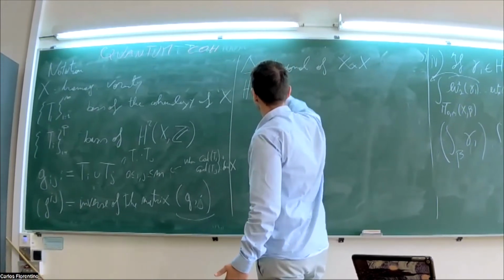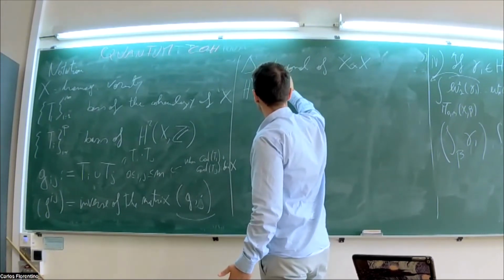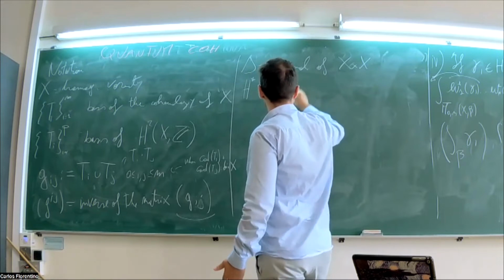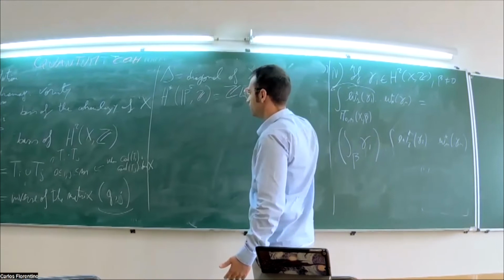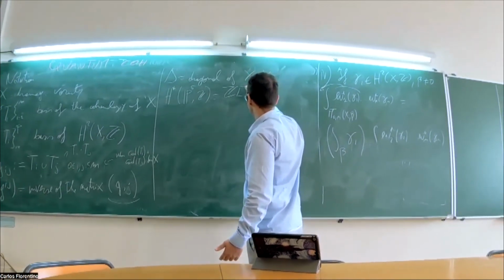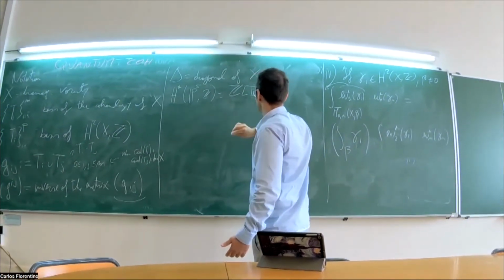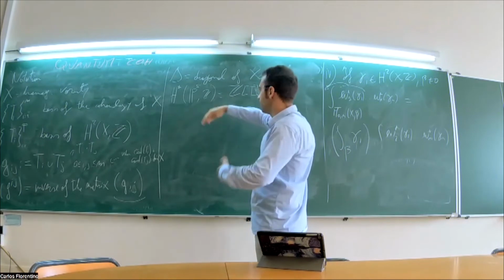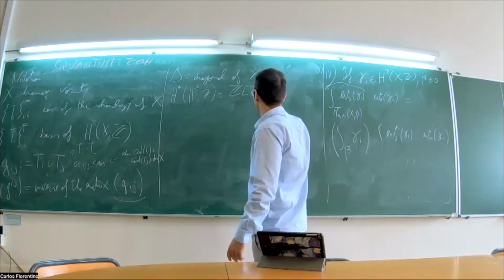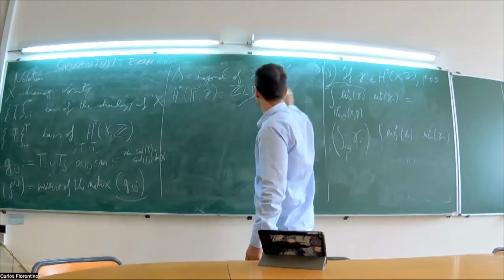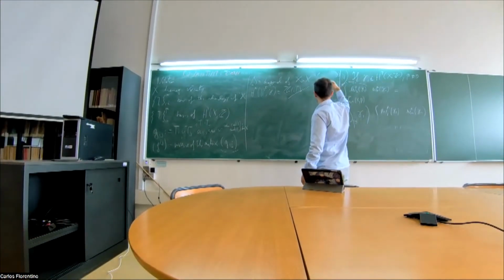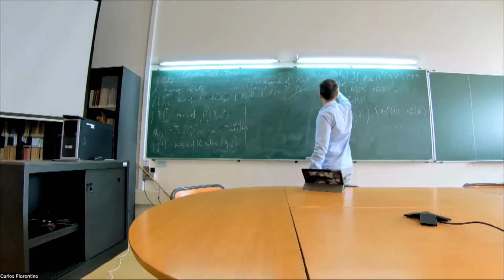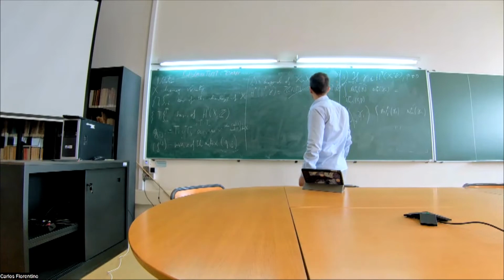Okay, just to be practical, H star of the projective space is what? It is Z with one variable, which generates everything. T is a generator of H2 of P^s.